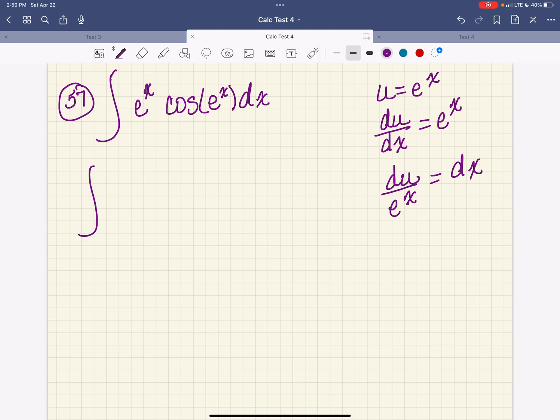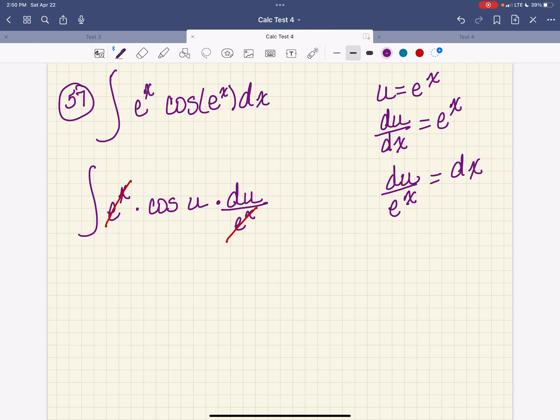Now I've got e to the x, because I'm going to leave this e to the x right here. We did some other problems where we left one of them. Then I'm going to have cosine of u times du over e to the x, and then these e to the x's cancel.